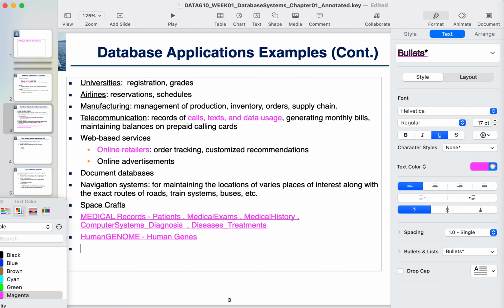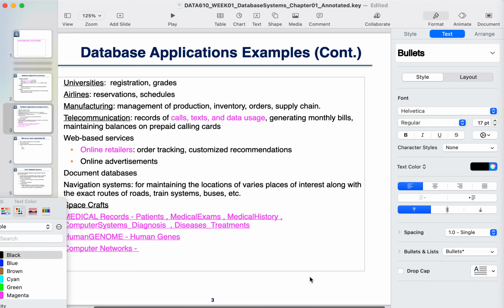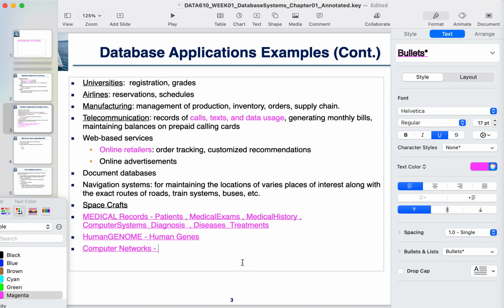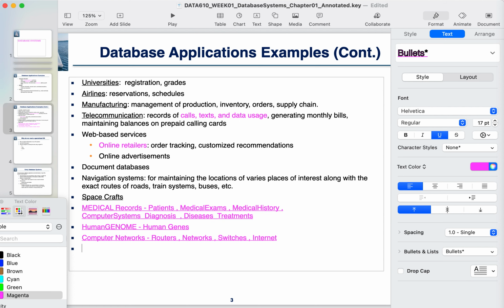Other important databases are computer networks. Right? So we need the internet to talk to each other. All of the computers in the world and how they are connected together, and which router connects which network to the internet. How about social media?